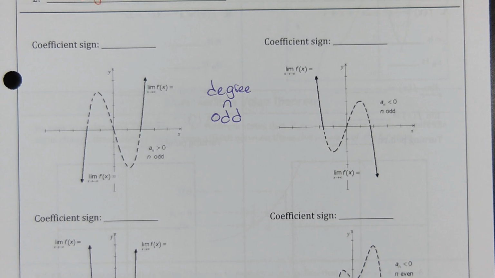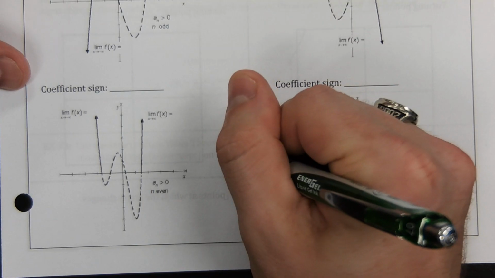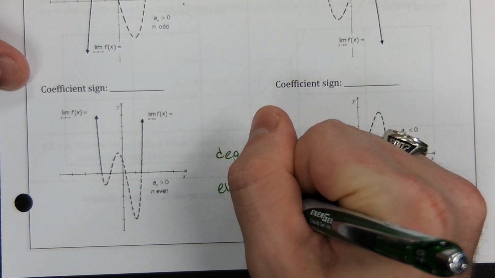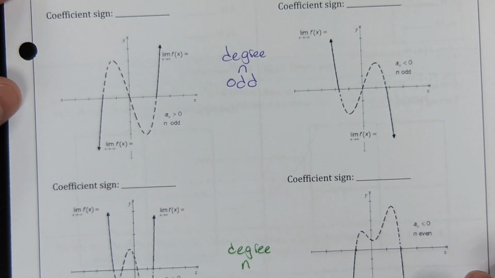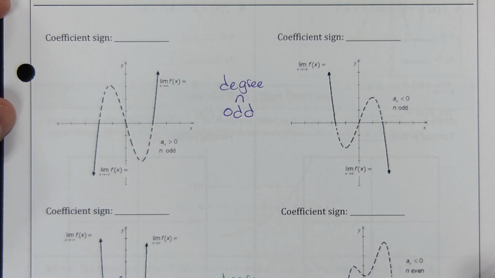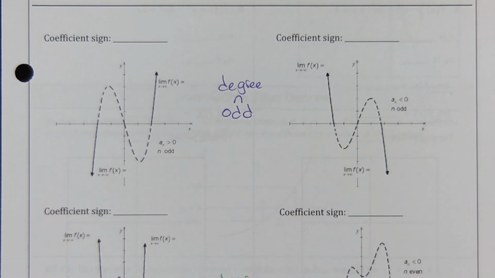That means if the degree is even, the endings must point the same direction, and that's what we have going on down here. Let's focus on these two up here for now.